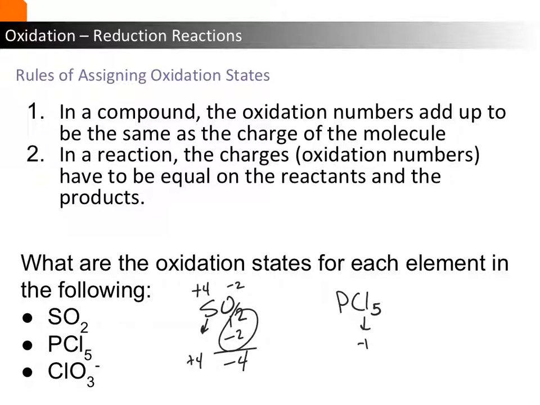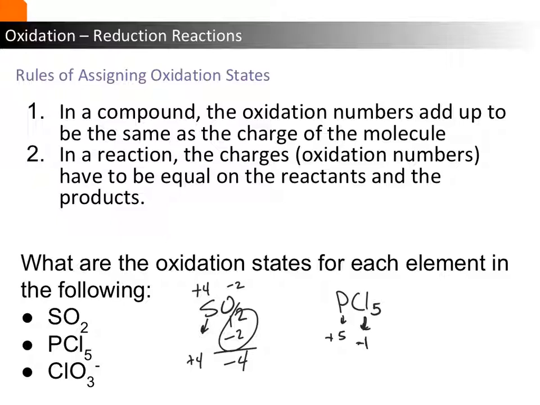Fluorine's always -1, but the other ones may be something other than -1 if they are on the inside or the central atom of a molecule, for example, the chlorate polyatomic ion. But this chlorine, each one is on the outside, and each carries a -1 charge, or a -1 oxidation number. Since there's 5 of them, that means that this phosphorus must be a +5 oxidation state.